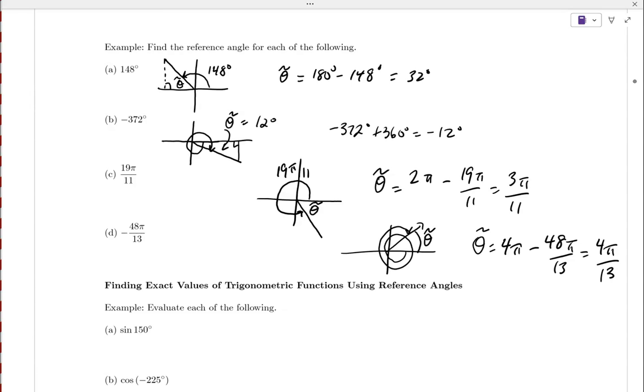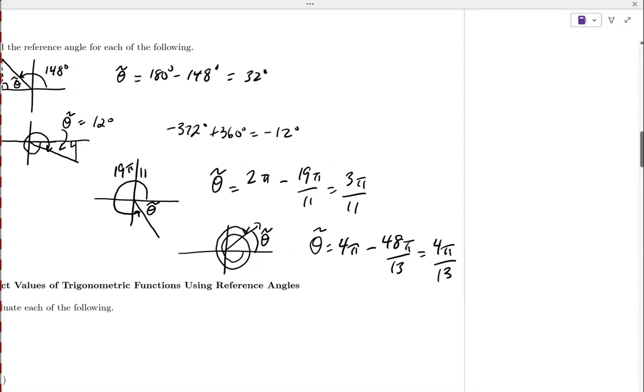Do one more because the one quadrant we didn't end up in was 3, right? So what if you had something like theta is, let's say, 15 pi over 14.